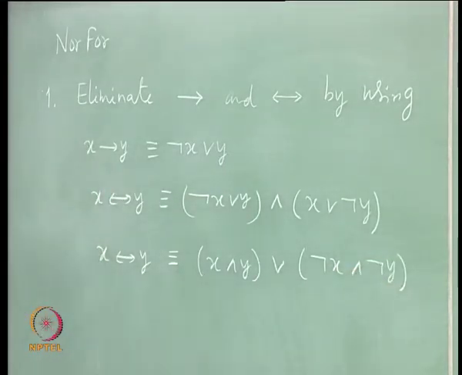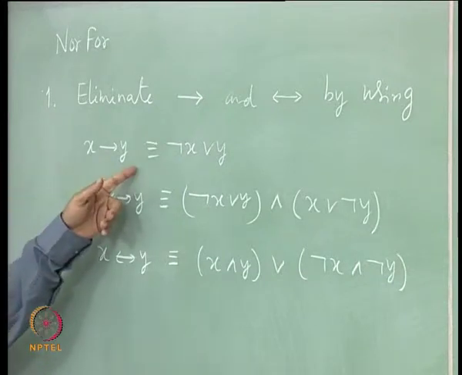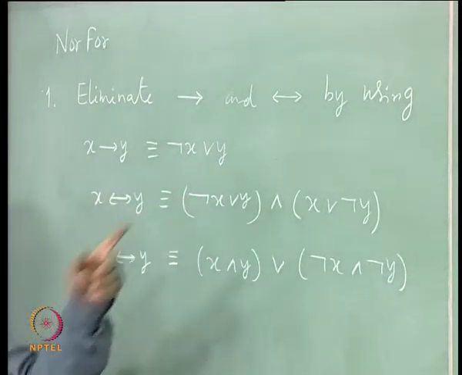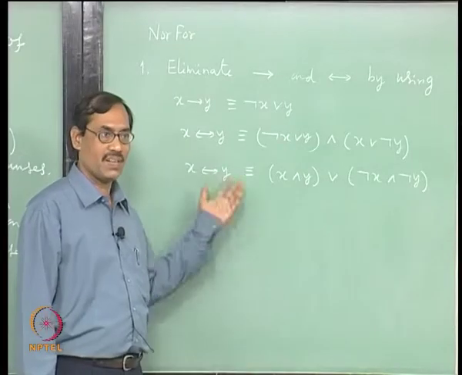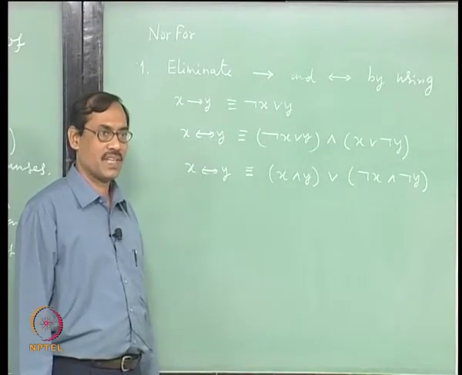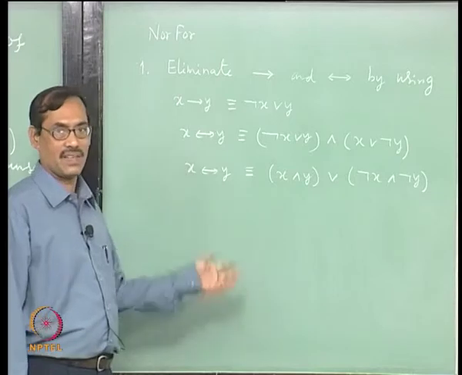Any one of these can be used. Sometimes, if you can recognize the negation of all those things, it becomes quicker. For example, not of x implies y, you can straightforwardly write x and not y. Similarly, these two also. But anyway, we will take care of that later.